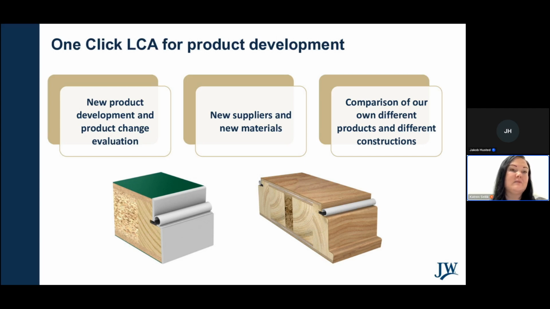And we model the test products in One Click LCA system to understand what will happen with GWP if we change, for example, the core. If we switch from ordinary aluminium to some recycled content aluminium, how big is the win?